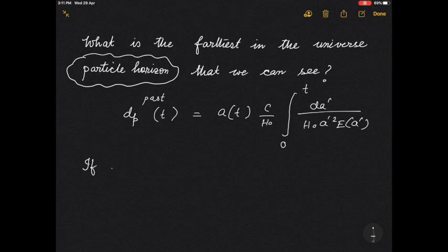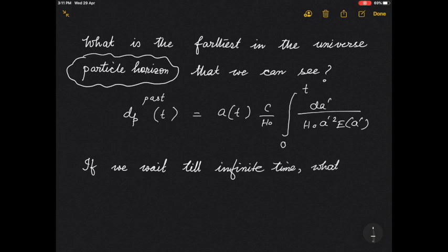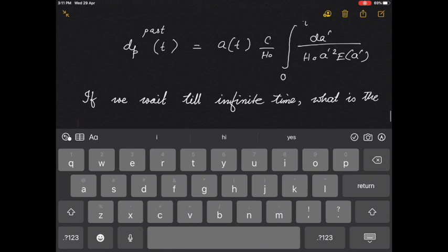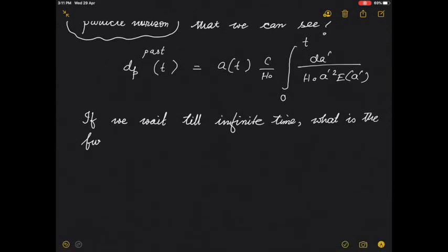What is the farthest to which we can send a light signal?